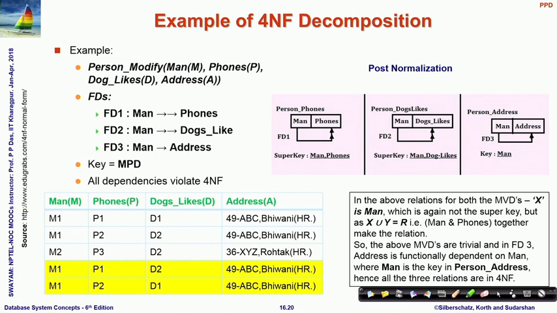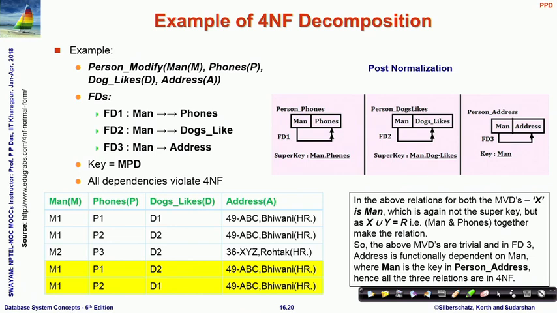All of these dependencies violate 4NF, because none of them is trivial, and for none of them is the left hand side a super key, because the key is MPD. So you can see that on instances of this relational schema, you will have multiple redundant records.